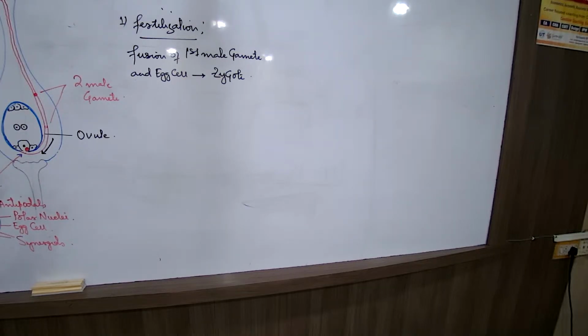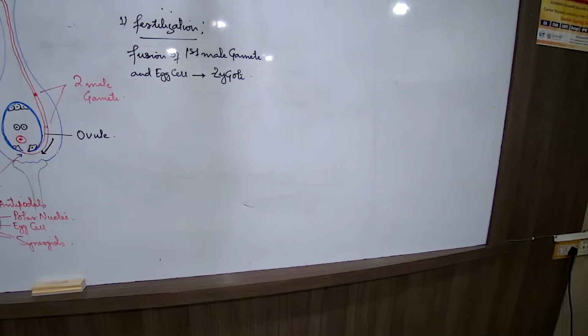What is fertilization? The first male gamete comes and fuses with the egg cell. The moment it is fused with the egg cell, immediately they form a single cell structure. What will that single cell structure be known as? That single cell structure will now be known as the zygote. But this zygote is very much capable of division on its own because it has got the full chromosome number, the diploid chromosome number.